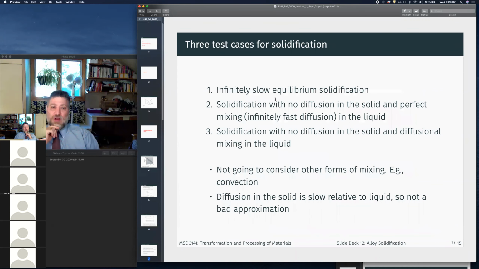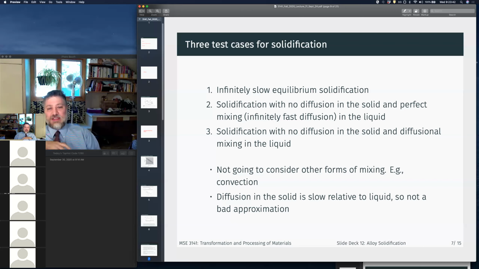So we'll work through three cases. I left off on Monday with talking about infinitely slow equilibrium solidification. Then we're going to talk about solidification where there's no diffusion in the solid and perfect mixing in the liquid, right? And this is a really good theoretical case study to think about. This is where we'll get our Scheil equations that allow us to think about this system. And then we have solidification with no diffusion in the solid and diffusional mixing in the liquid.